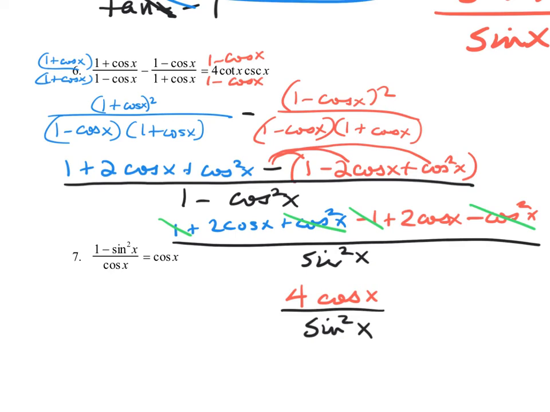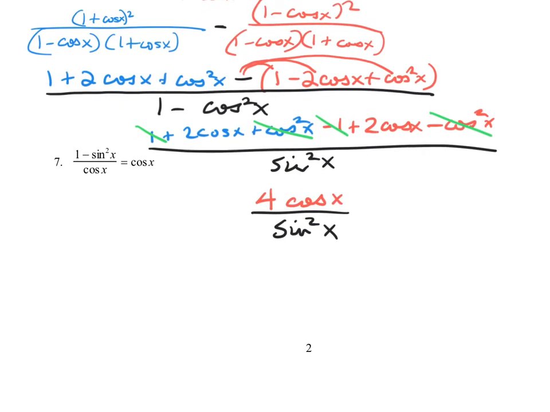Now, what I need to realize is that I could split this apart, and I could change the 4 and put a sine underneath, and not a square, just a sine. And then take the cosine and put a sine underneath it. Because think about it, if you multiply these two fractions, it goes back to this.